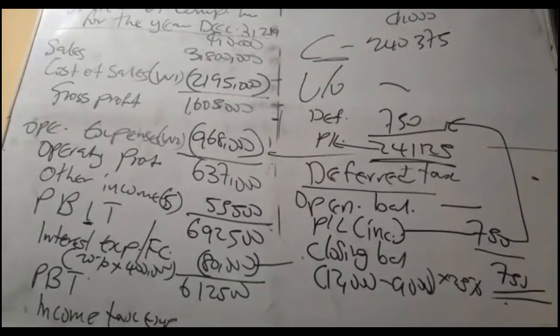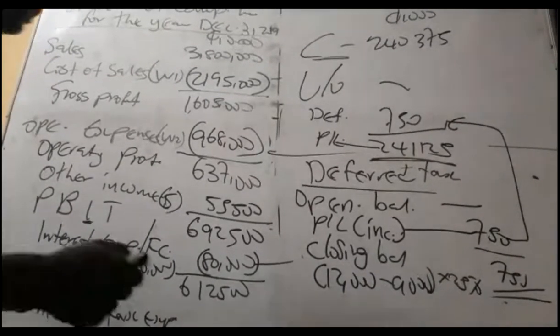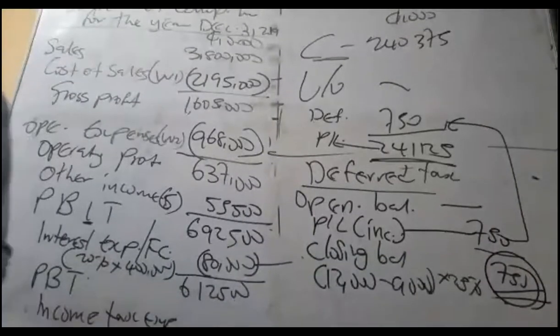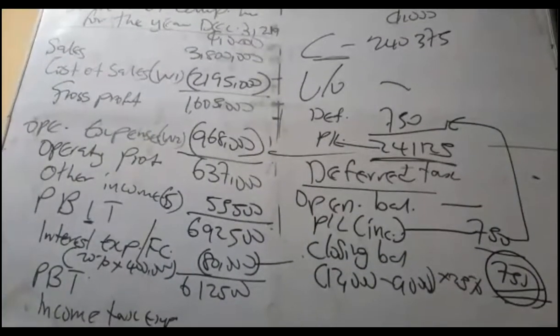Then immediately, don't rest. Send this figure to the non-current liability. So the 750, deferred tax, the closing balance, is either non-current liability or non-current assets. So send it to non-current liability. So let's send the deferred tax. I hope you've done that.